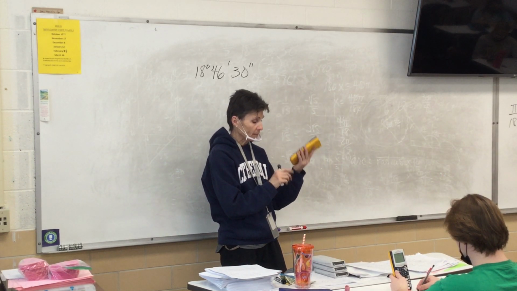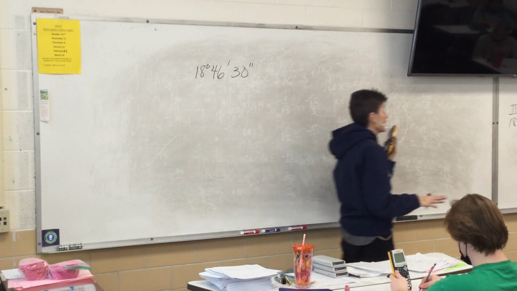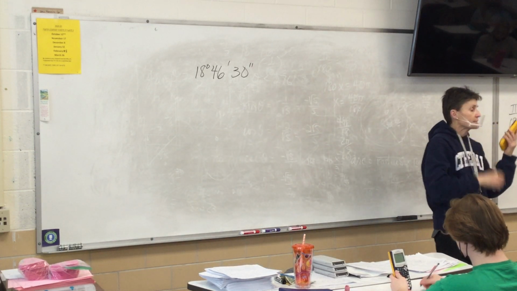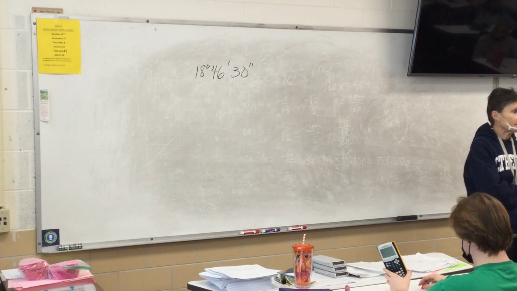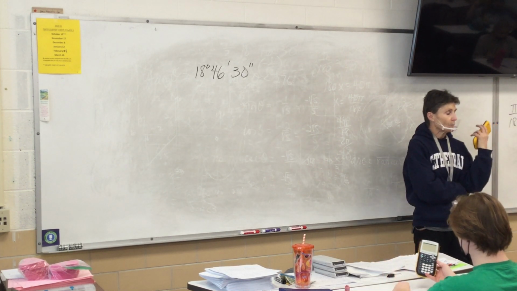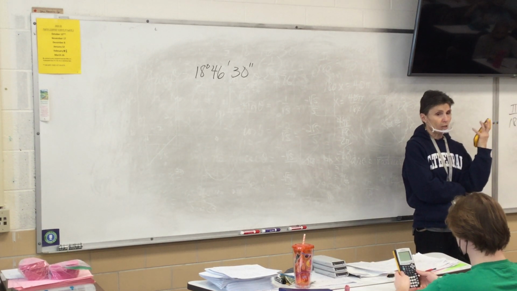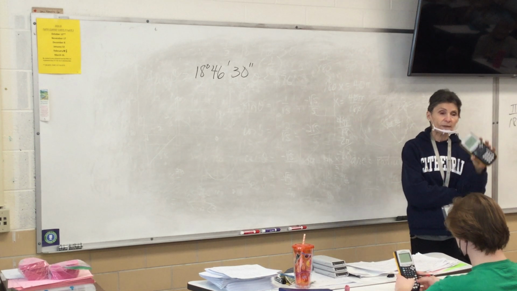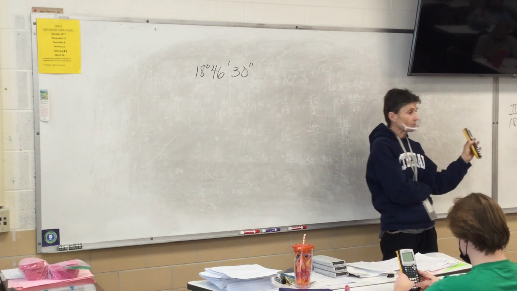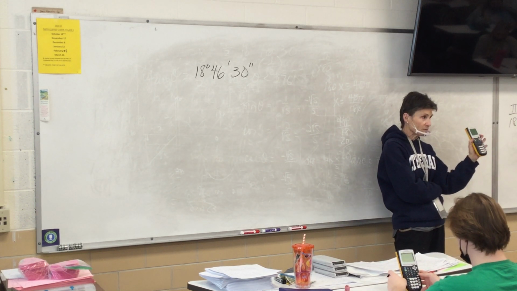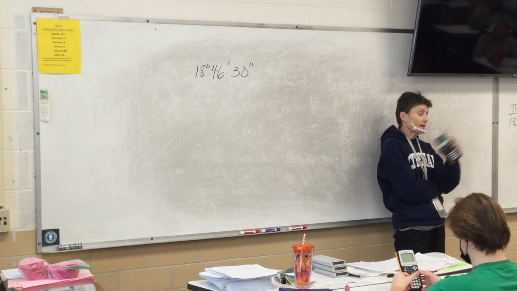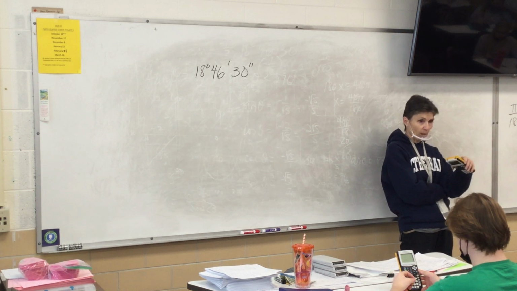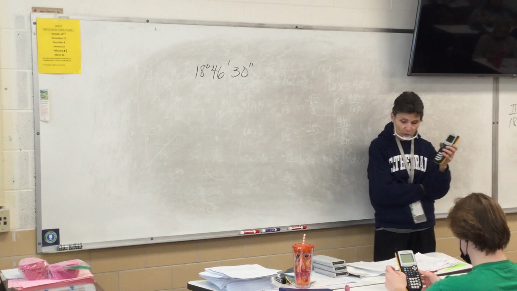Now, this next set, you will notice some of the problems are in degrees and some are in radians. Since my calculator's in degrees, I'm going to do all the degree problems first. Then I'll go back and do the radian problems so that I don't have to keep switching.